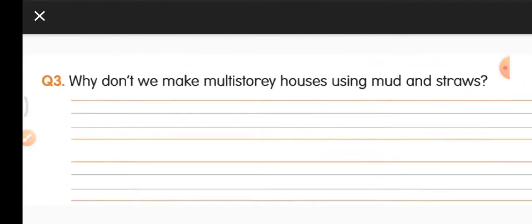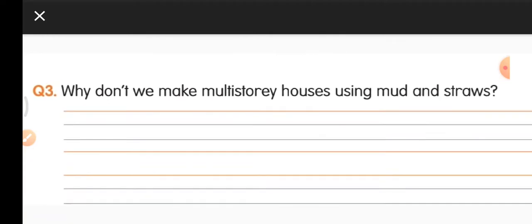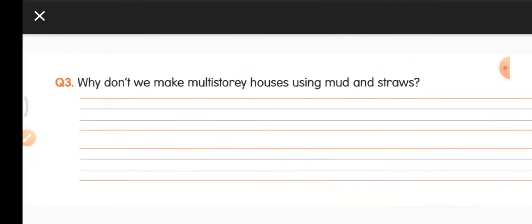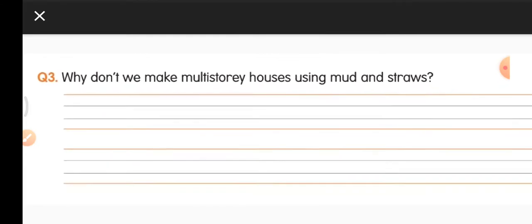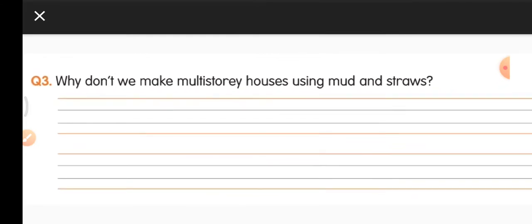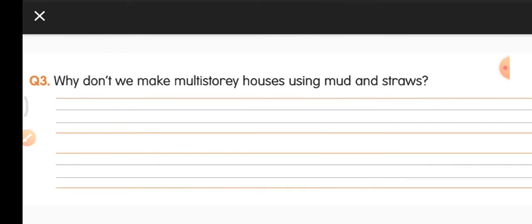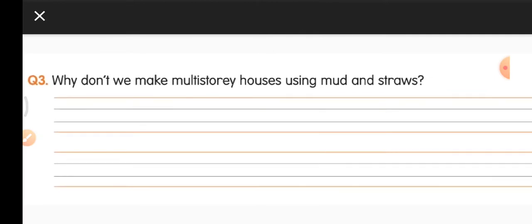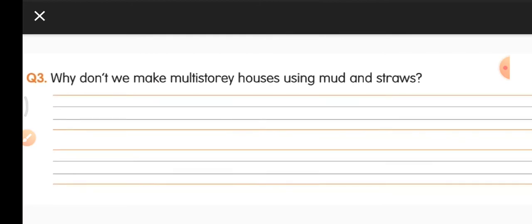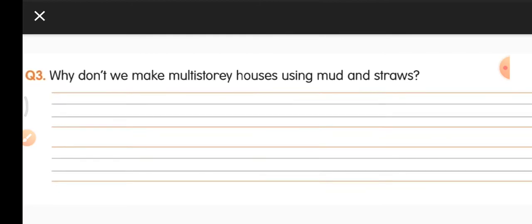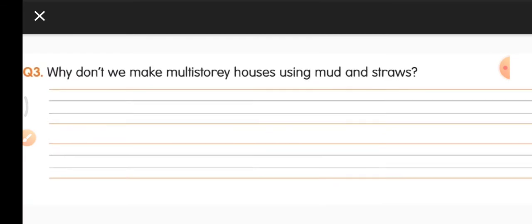So now, why don't we make multi-story houses using mud and straw? A multi-story house supports many floors. It has many apartments in which many families have to live. So it should be strong enough to support all these different apartments, right?